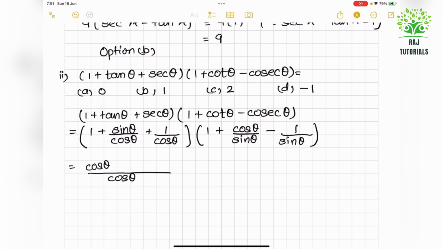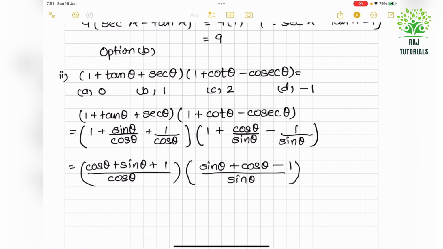Now I am doing LCM in both the brackets. So in the first bracket I get cos theta plus sine theta plus 1 upon cos theta. In the second bracket I will get sine theta plus cos theta minus 1 upon sine theta.